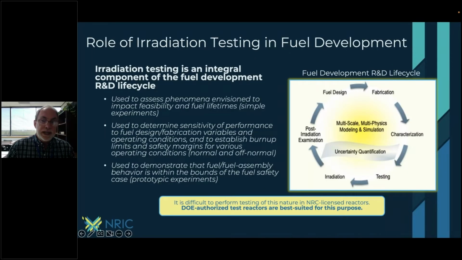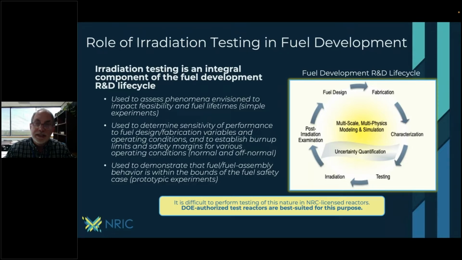What's the role of irradiation testing in fuel development? Well, it's an integral component. It's an indispensable part. The picture on the right shows what we usually think of as the traditional fuel development R&D life cycle. It starts with fuel design. You come up with an idea for a fuel concept. You figure out how to fabricate it. You characterize it.